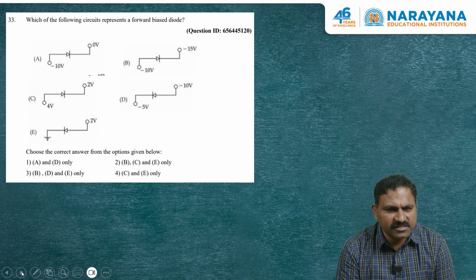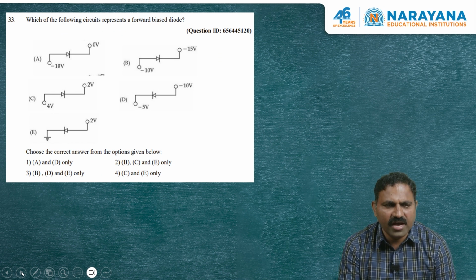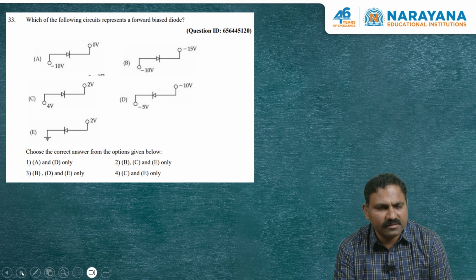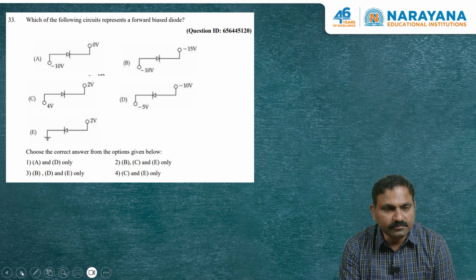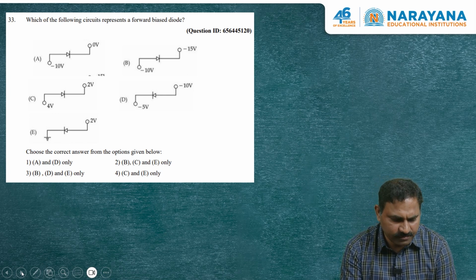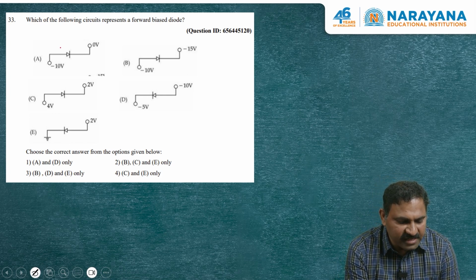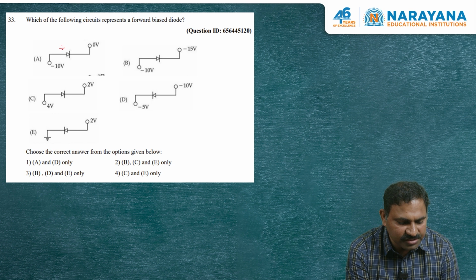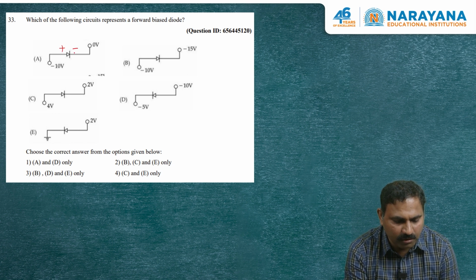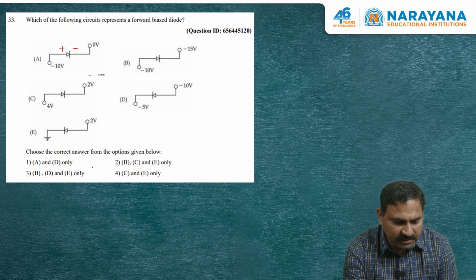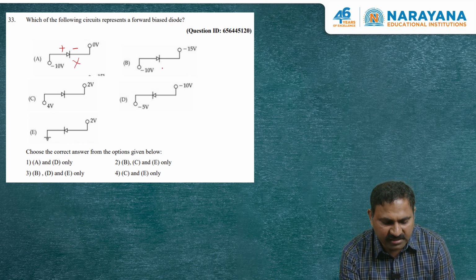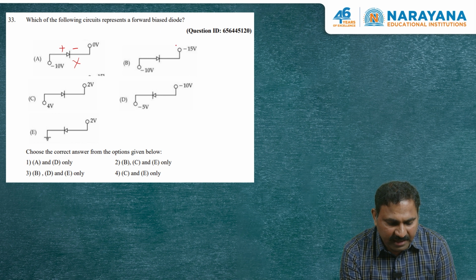Which of the following circuits represents a forward biased diode? 4 diagrams are given here. In forward bias, the P side should be at higher potential and the N side at lower potential. In the first case, the P side is at lower and the N side at higher, so it is not in forward bias. In this case, N side is at minus 15 and P side is at minus 10, so it is in forward bias.